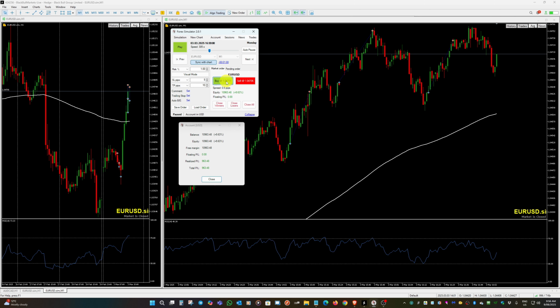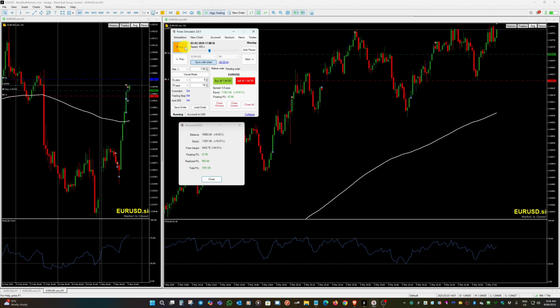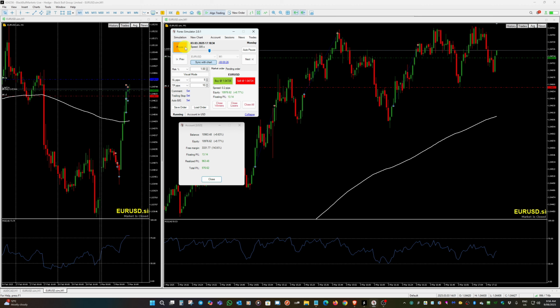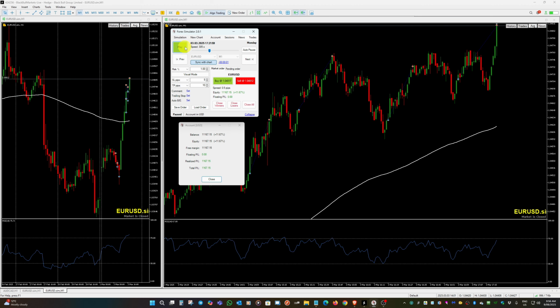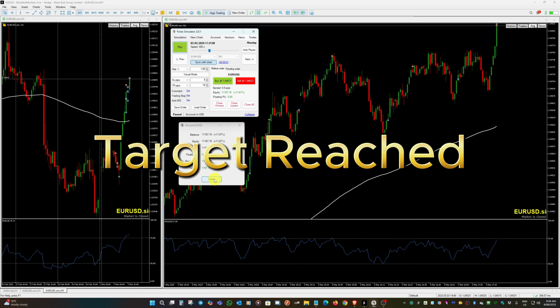And this one looks like a next entry. And that's it. We've made our 10% gain, and this would have been enough to pass the prop firm challenge.